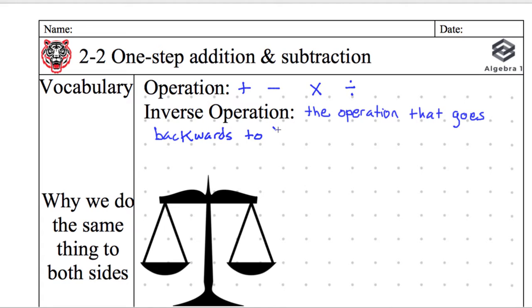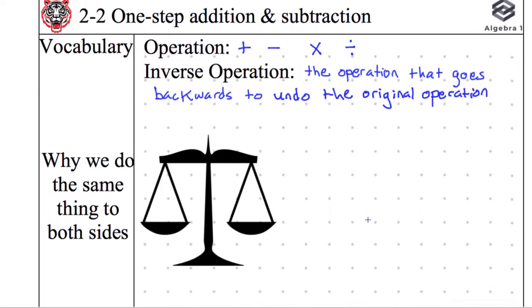And I'm going to say undo the original operation. That's the main vocab that you need for today's lesson.